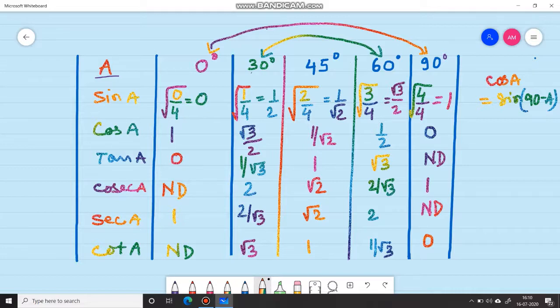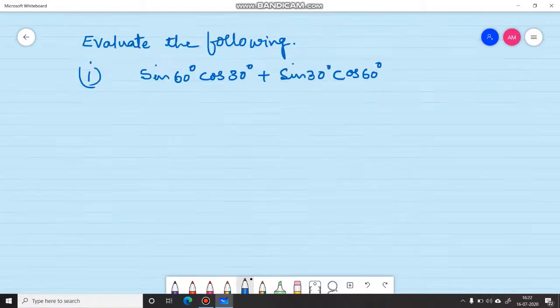Follow the simple steps and children, practice this table every day for 2-3 days so that you can fix the ratios in your mind and you can solve the questions which will be coming in your next worksheets.